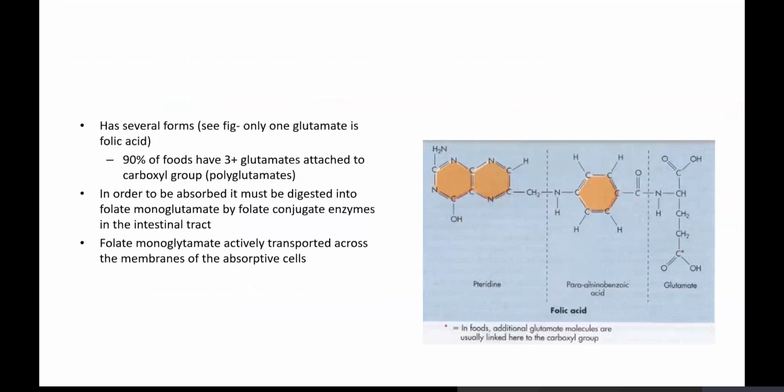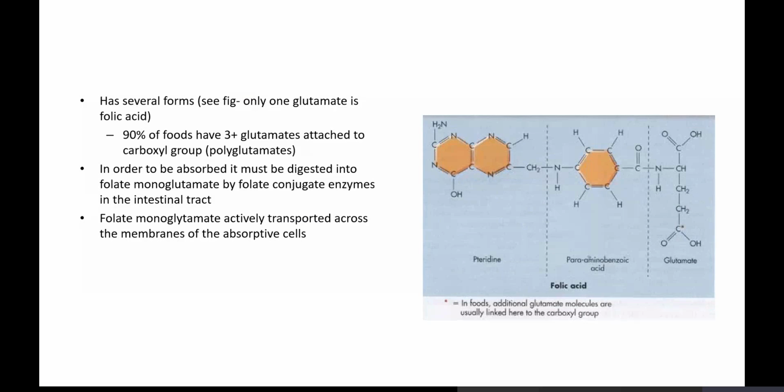Folic acid consists of three components: the pteridine ring, aminobenzoic acid, that is para-aminobenzoic acid, also called PABA, and then you have glutamic acid.